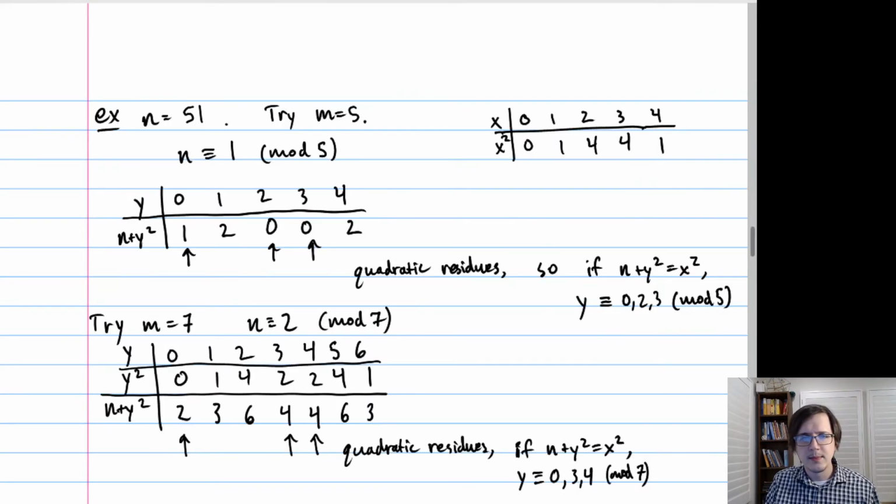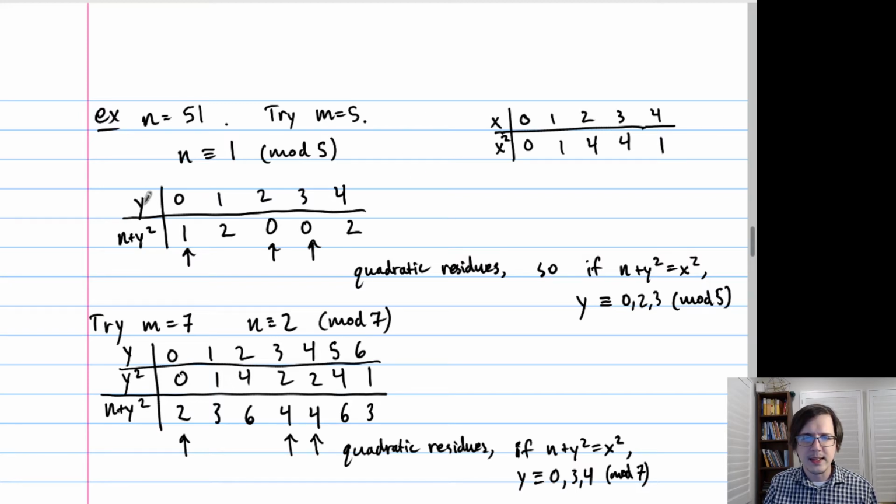So let's just play around, see what this is like. We're going to use n equals 51, the Grothendieck prime, and let's look at what this all is like for m being 5. So mod 5, n is 1.